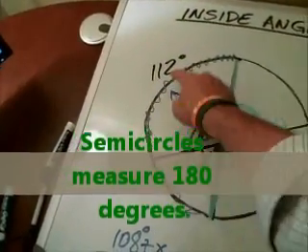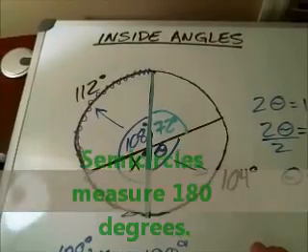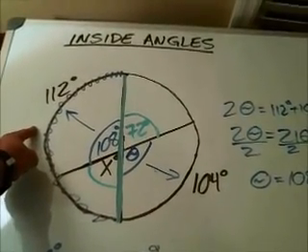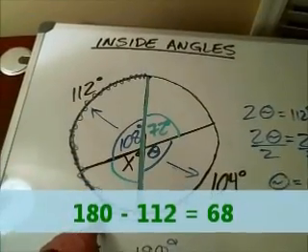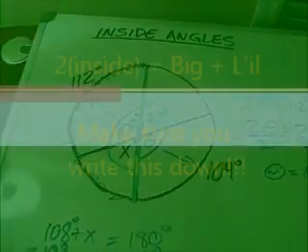All the way around is a semicircle of 180 degrees. If this is 112, then right now, this arc is what I need to have 180 degrees.